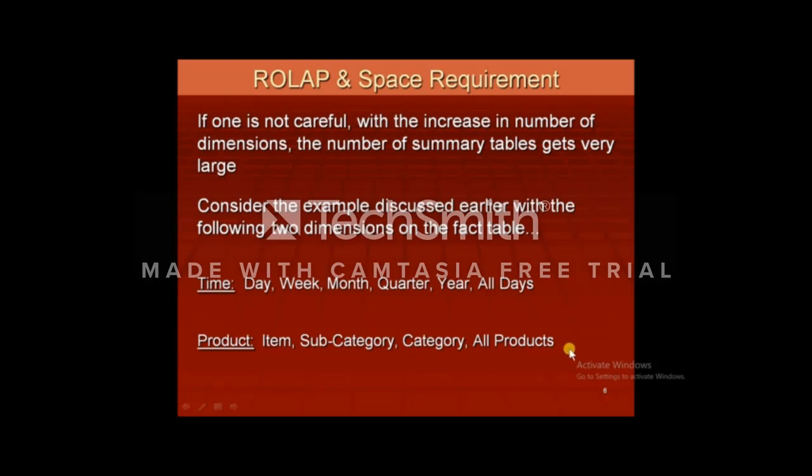And let's say we have a geography or demography dimension with 5 more hierarchies inside it, so we will actually have 120 summary tables that we will have to store inside our hard drive. So we'll need more space in our hard drive to store the summary tables.